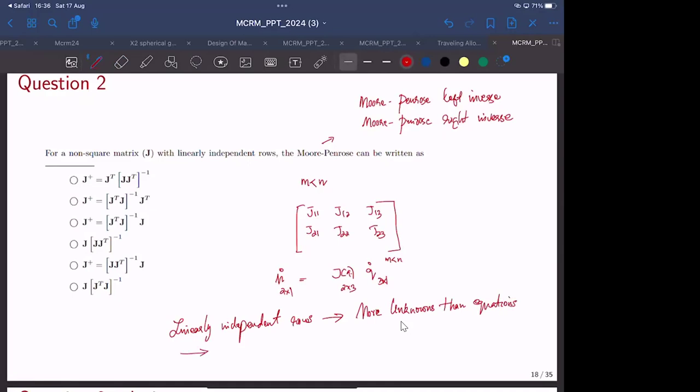So that makes this an underspecified system. And for an underspecified system, we can have multiple solutions. And we use the solution with minimal norm.